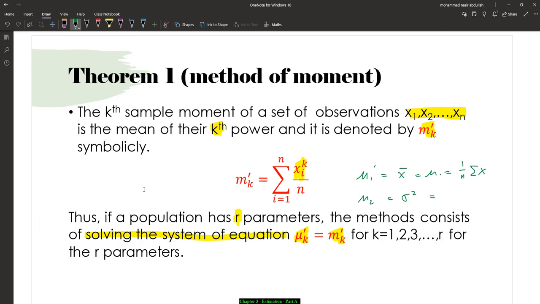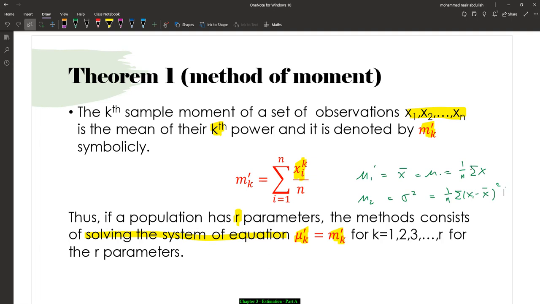And this should be the variance, right? The variance should be 1 over n summation of xi minus x bar squared. So this is the population variance and this is the population mean, right?